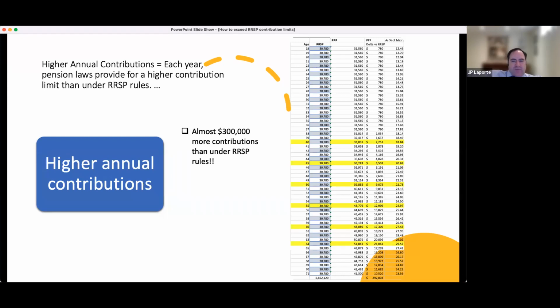So that's pretty powerful in terms of being able to put more money in. When you tally up all of these amounts, we're looking at over $300,000 more money working for you, being deducted than under an RRSP. Next slide.